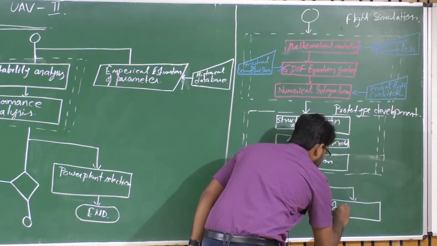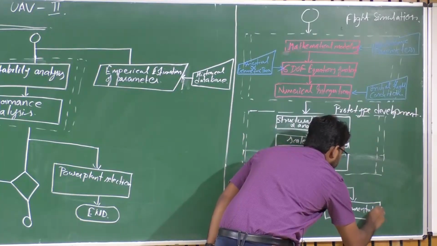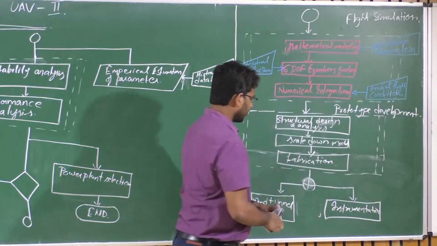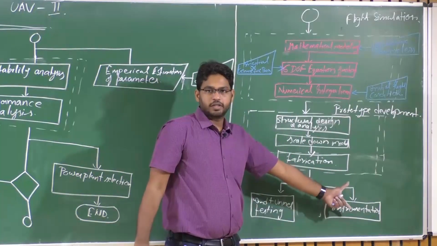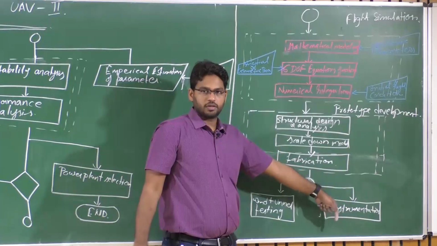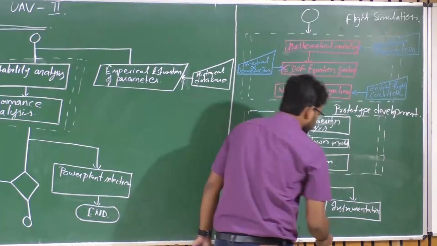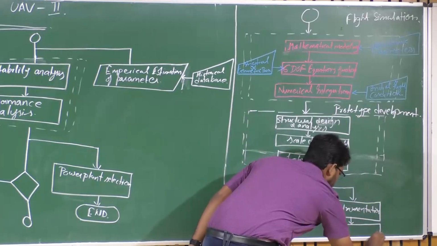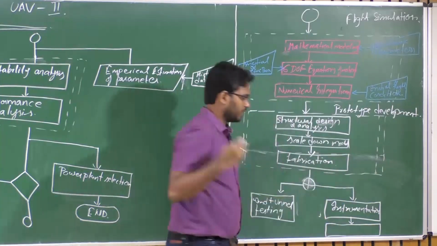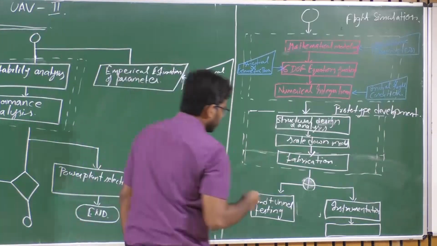Right? So instrumentation. This can be an instrumented flight test as well as an initial flight test without any instruments, to see the flying capabilities. So this entire design approach is from a flight dynamics point of view.